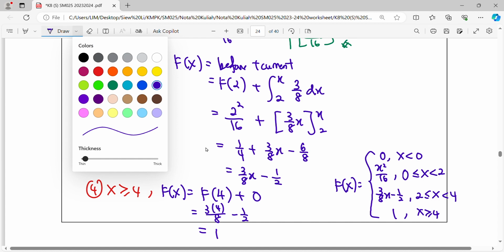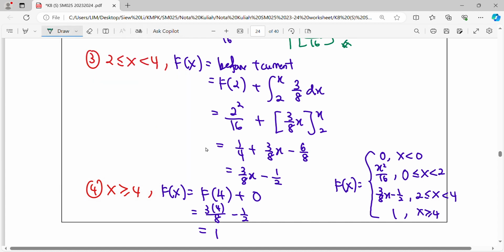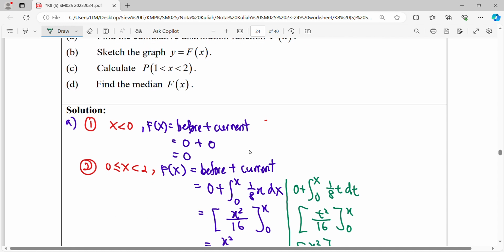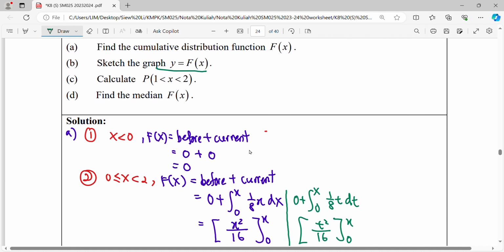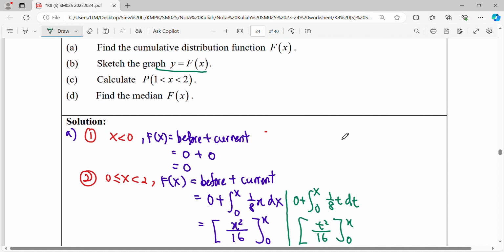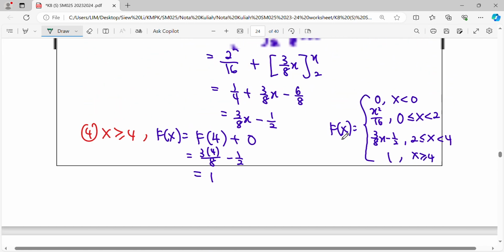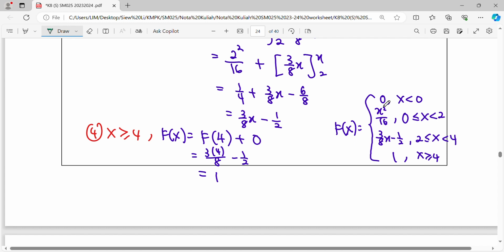Okay, then we go for the second question. It asks you to sketch this cumulative distribution function, this big F here. Do the drawing for this big F. So how to draw this? We will draw it piecewise, one piece at a time. This is one interval, one piece. This is another interval, another piece. This is the third interval, another piece.